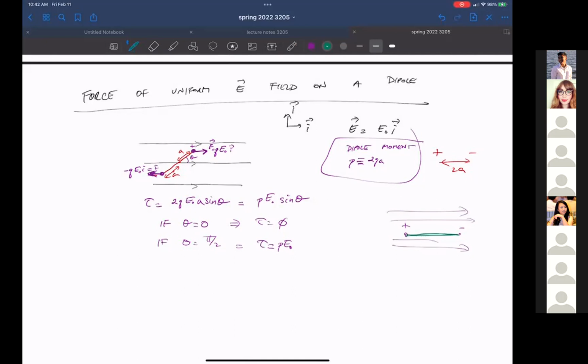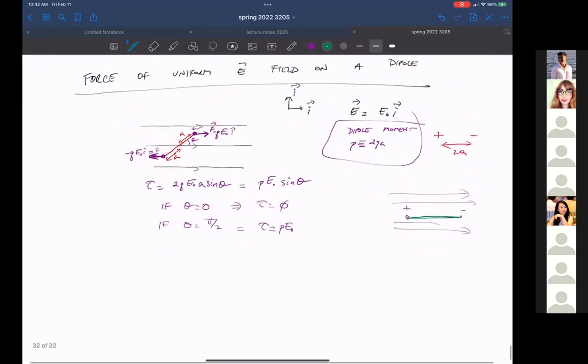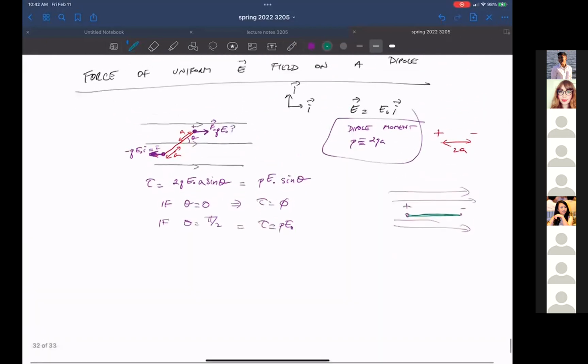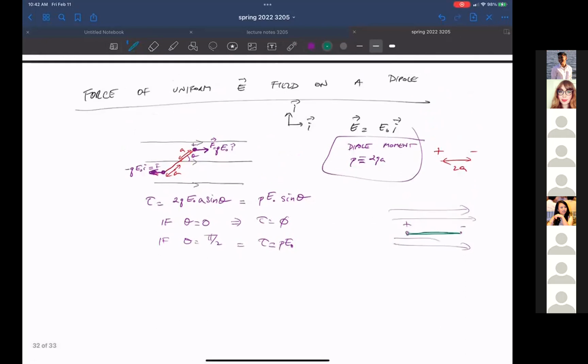Let me tell you the punchline because of the question, and we'll get back to it. The next step we're going to go through is going to use this concept to discuss the concept of potential.